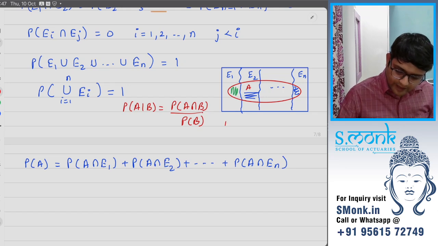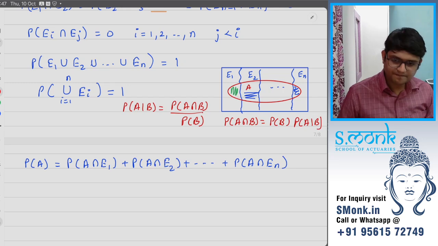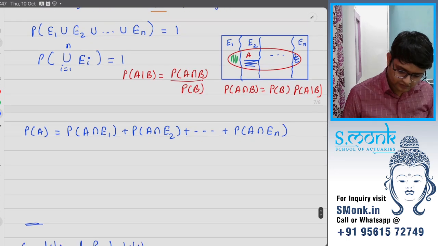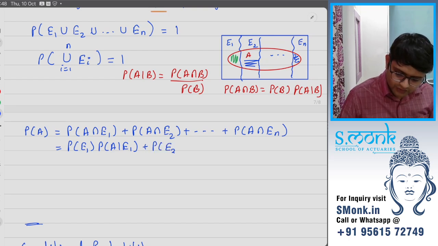So I can say that probability A intersection B would be probability of B into probability of A given B. So here I can write it as probability of E1 into probability of A given E1 plus probability of E2 into probability of A given E2, and so on till probability of En into probability of A given En.